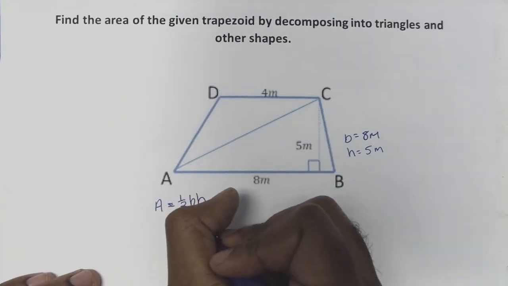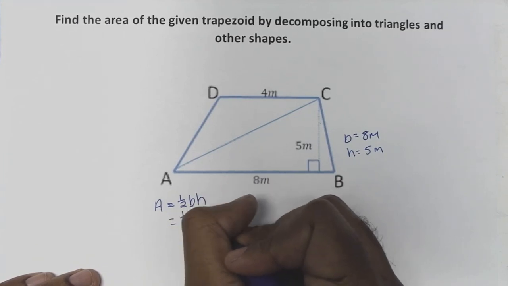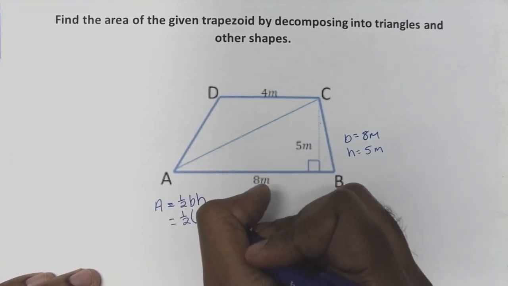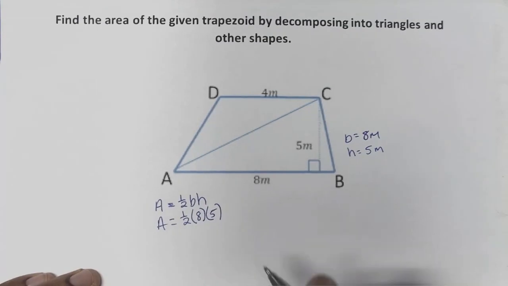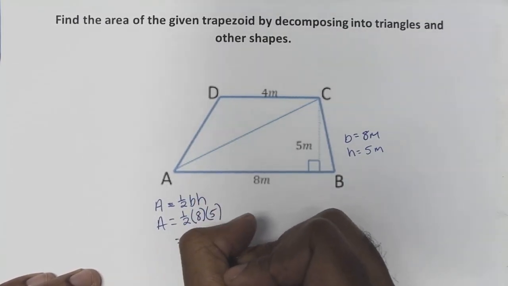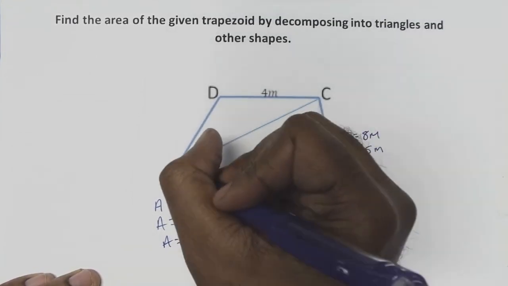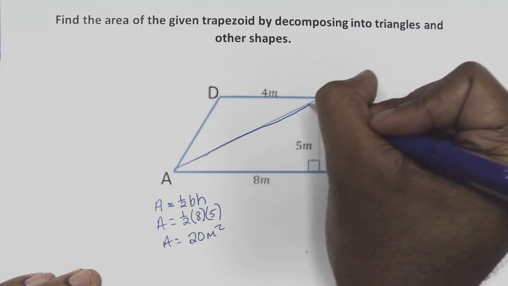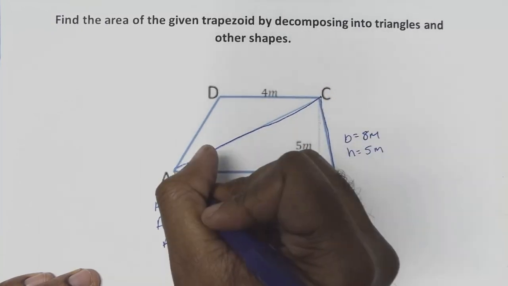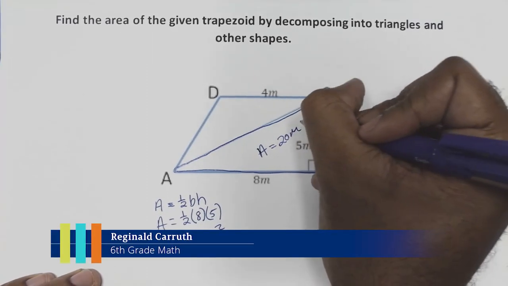So 1/2, I'm going to substitute 8 for B, and then substitute 5 for H. So now I can multiply to get 20 meters squared from my first triangle. So this first triangle area is 20 meters squared.